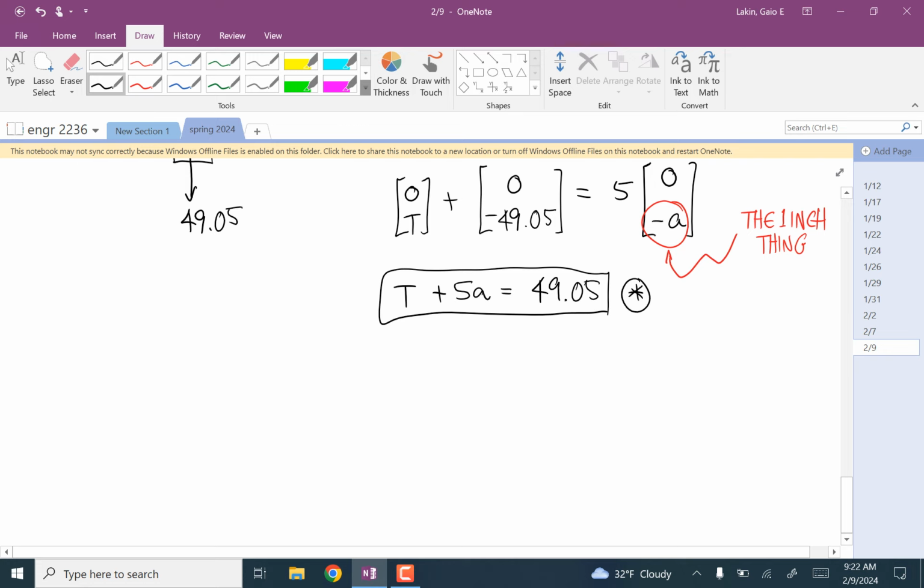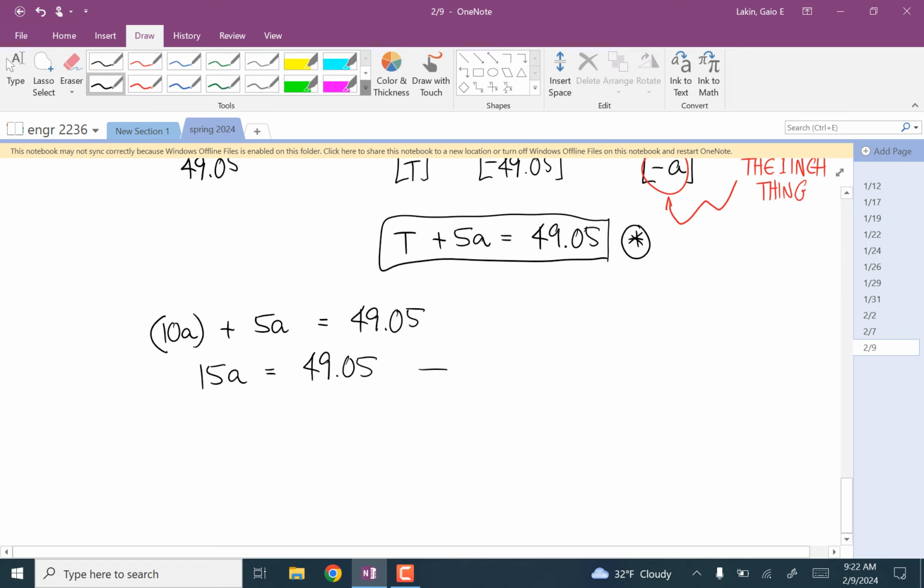So then go into the second one, substitute the 10a in for the t. So 10a plus 5a is equal to 49.05. So 15a is 49.05. And I don't know if this is true, but I'll bet this comes out to be 3.27, because I seem to see that number a lot.